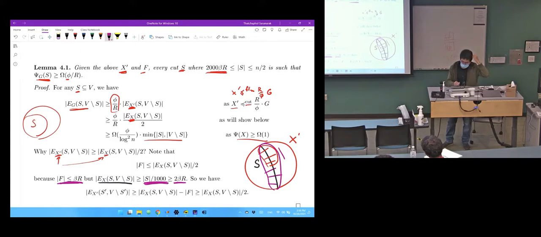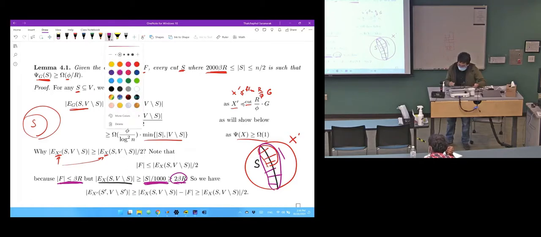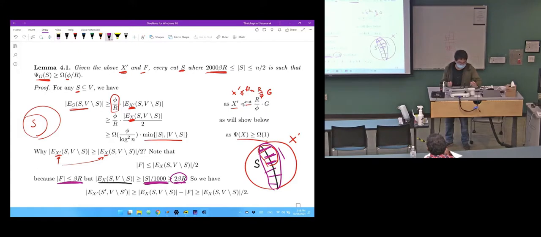But if this is big enough, then no matter what, the fake edges cannot be everything here, because this is much bigger than the total number of fake edges. Okay.